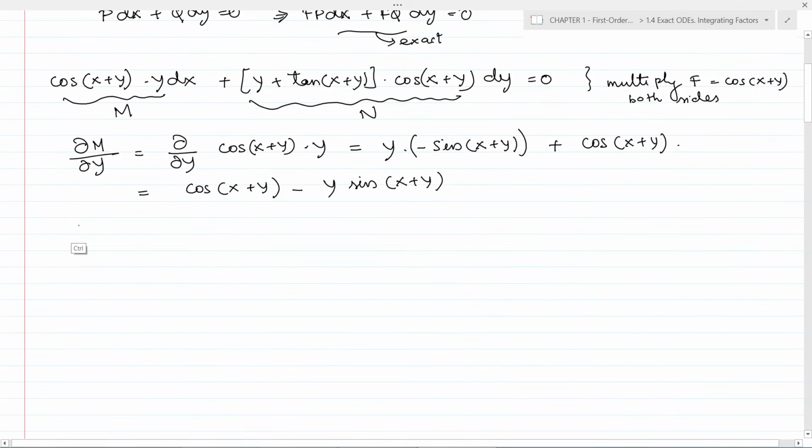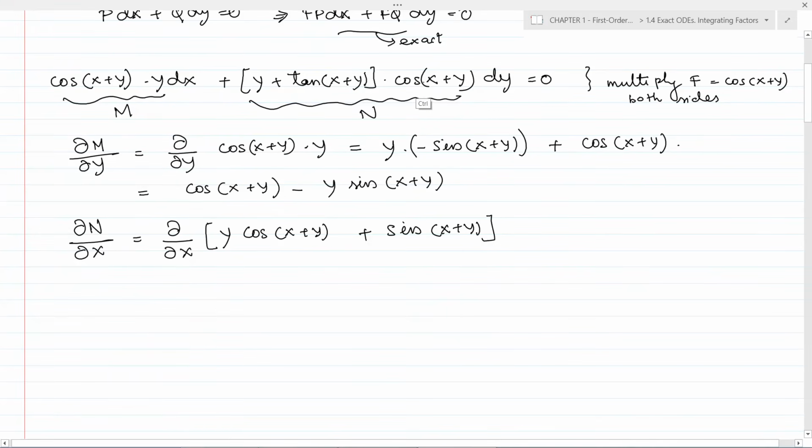Now, we will find out del n by del x, which is equal to del by del x of this n, which is y cos(x plus y) plus sin(x plus y).